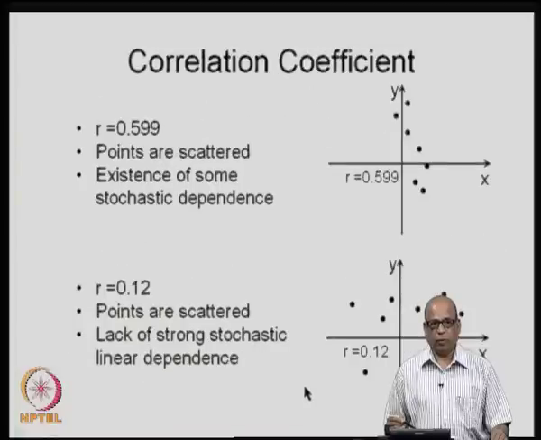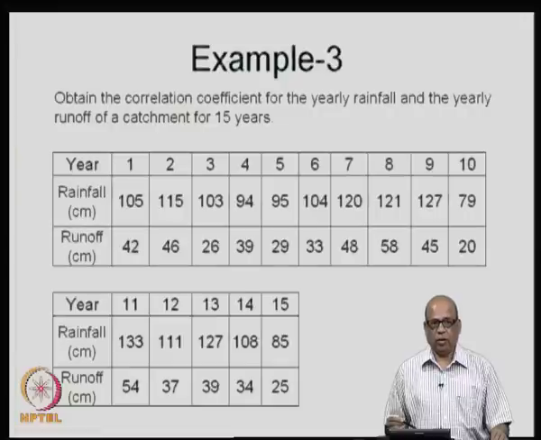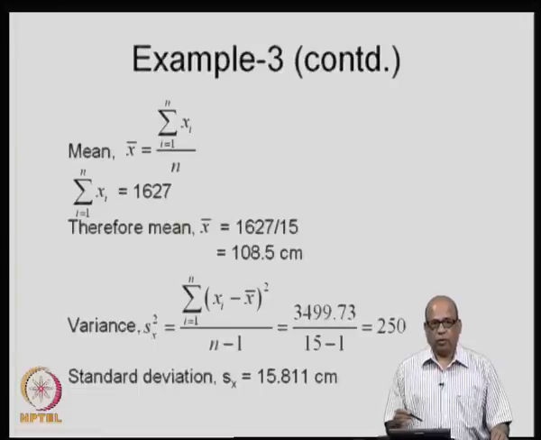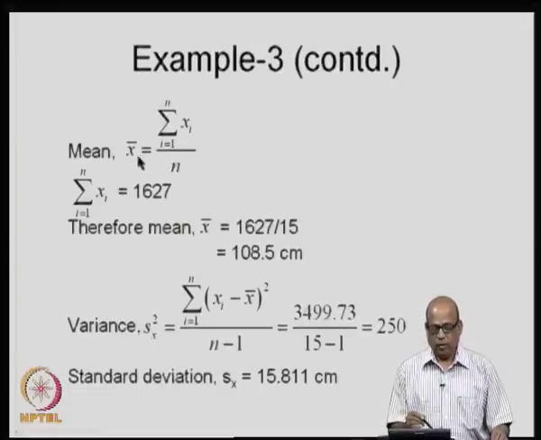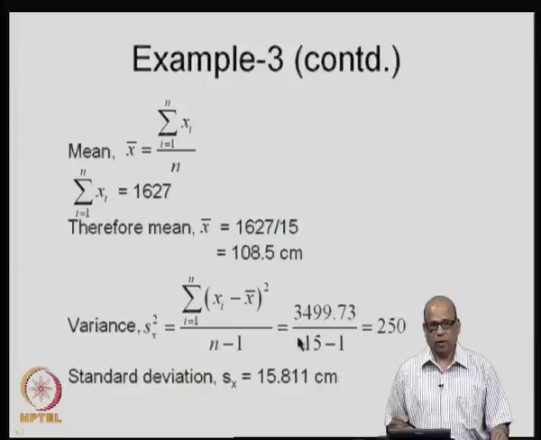So, we use these expressions and then calculate the correlation coefficient. First we obtain the mean. 1627 is the summation, and the mean of rainfall is 108.5, and similarly the variance S x square comes out to be 250 and the standard deviation comes out to be 15.811.